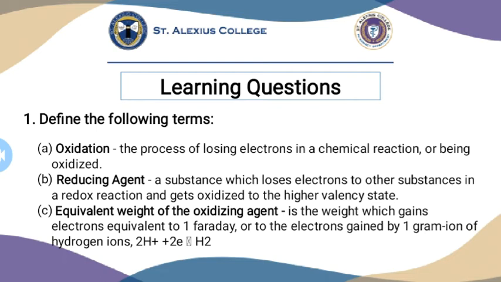Lastly, the equivalent weight of the oxidizing agent is the weight which gains electrons equivalent to 1 Faraday, or to the electrons gained by 1 gram ion of hydrogen ions, 2H+ + 2e- → H2.